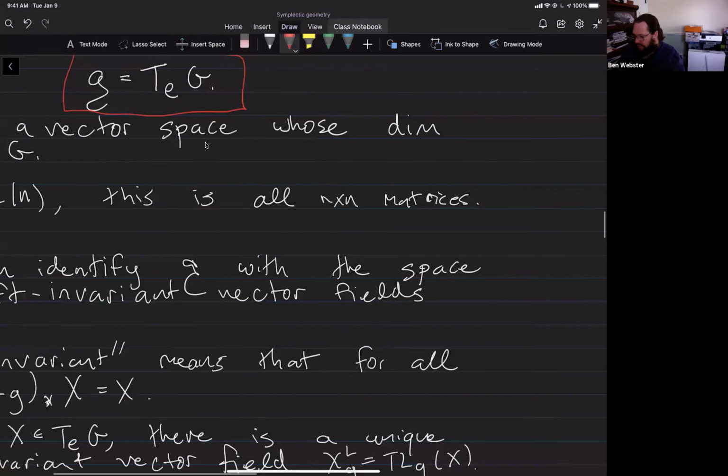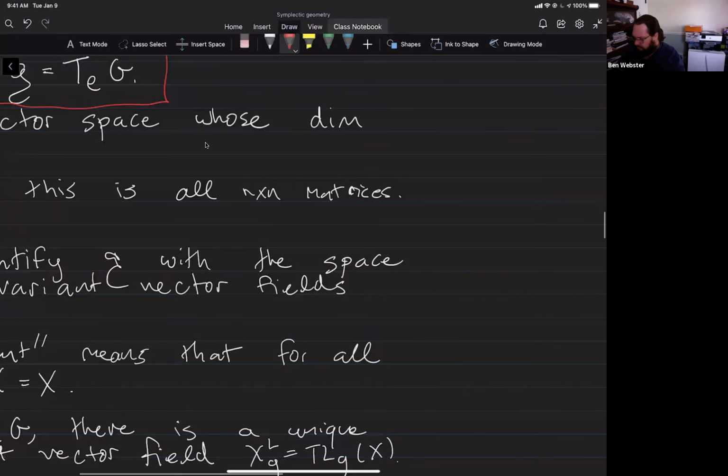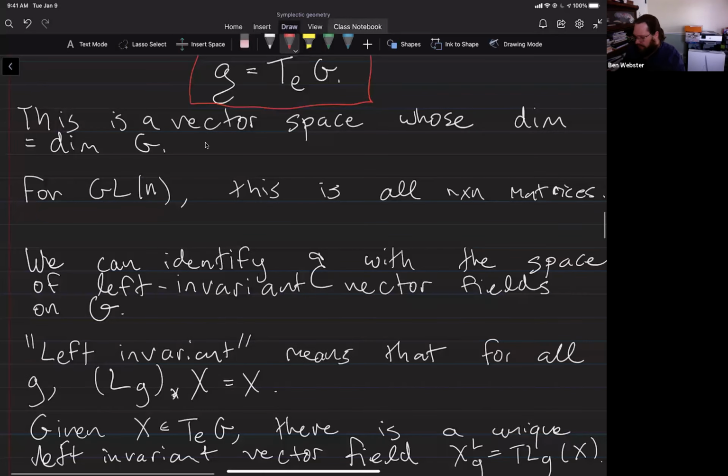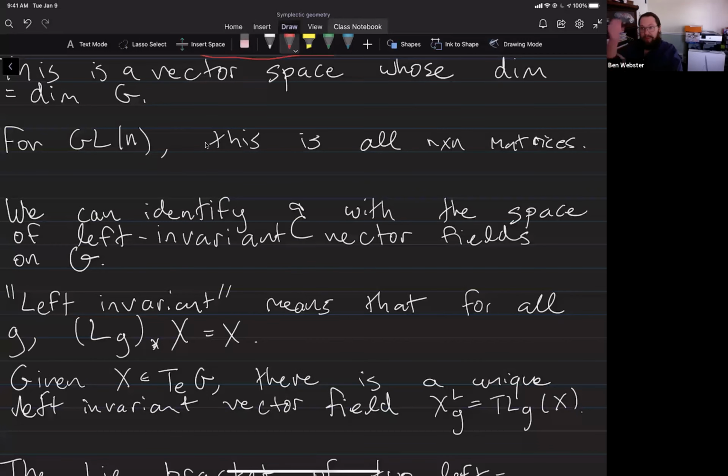So note, this means in particular that if I fix its value at one point, I can get its value at all other points by pushing forward by left translation.